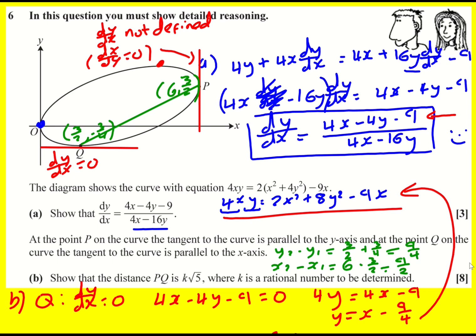And then finally, I can just square and add them. So I'm trying to find a bit of space. Here we'll do. So PQ is going to be the square root.